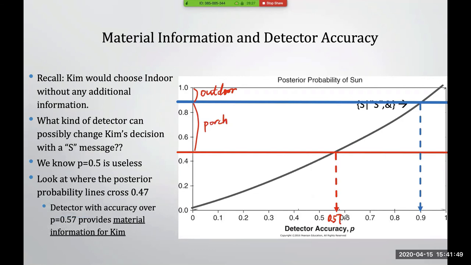Okay. And then if the detector's accuracy is in this range, suppose we have a rain detector that has an accuracy at this point. Use another color here.